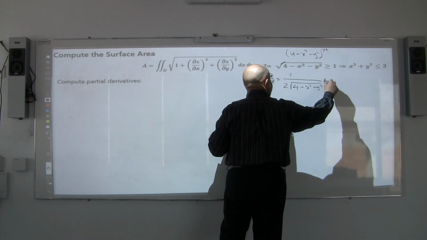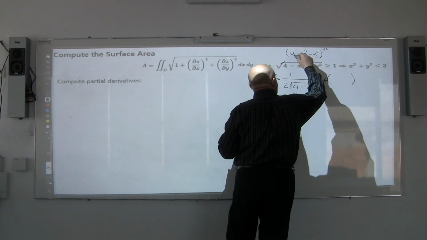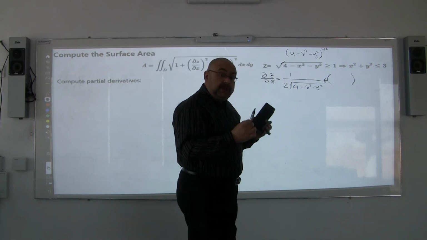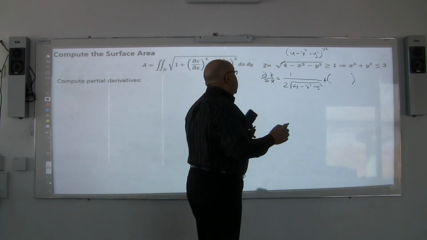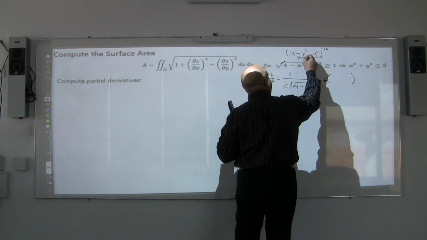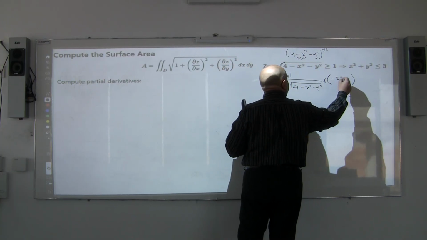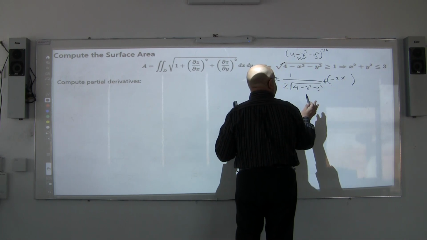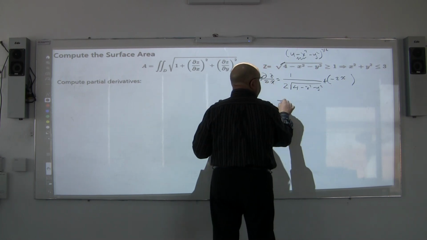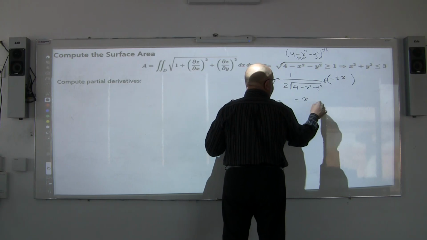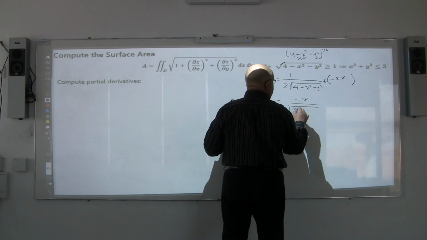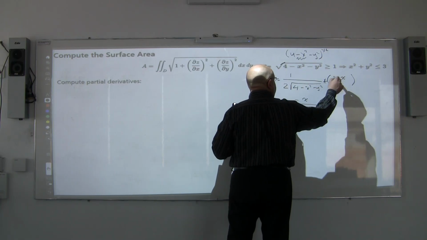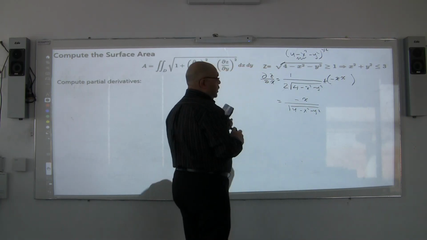Then all of this will be times the derivative of the function inside the bracket. And by differentiating the function inside the bracket, I mean the part that contains x squared, which is negative 2x. So just differentiating this will lead to minus x over the root of 4 minus x squared minus y squared, cancelling these two together.